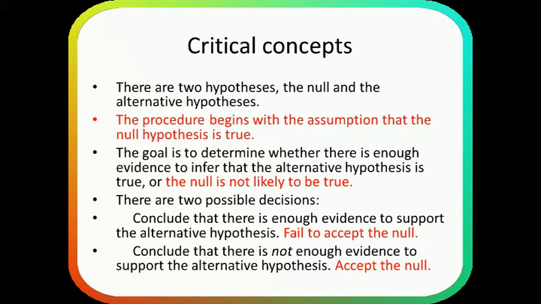Some people use the word reject the null hypothesis, but it is appropriate to use the term fail to accept as compared to the word reject because it's more of a negative term and we preferably do not use it. However, anyone who wants to use the term reject is also not wrong. So we say that either we fail to accept the null hypothesis or we reject the null hypothesis.